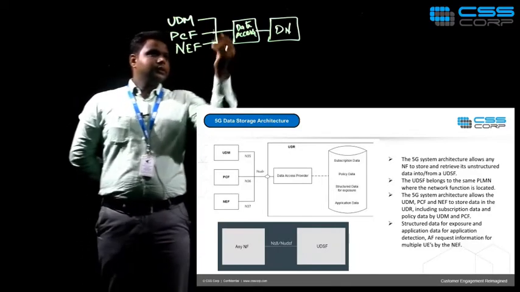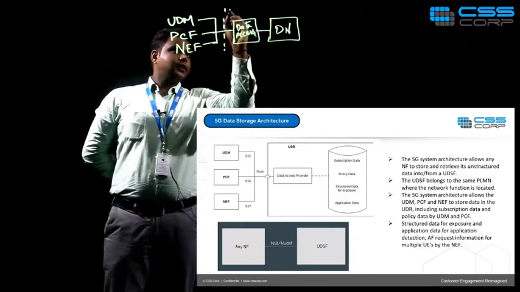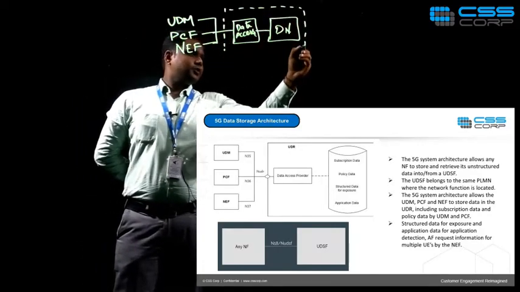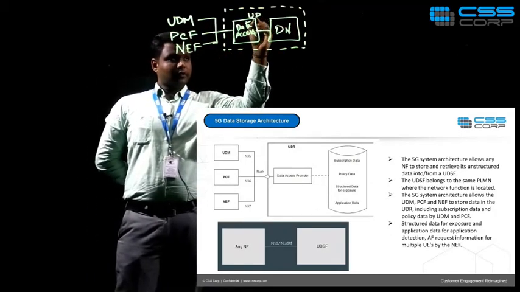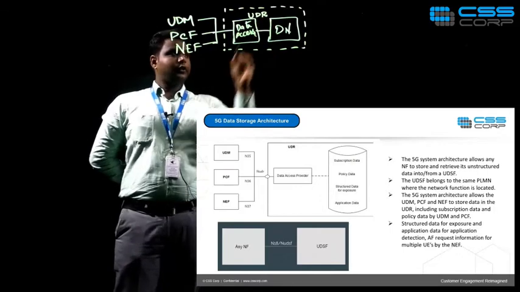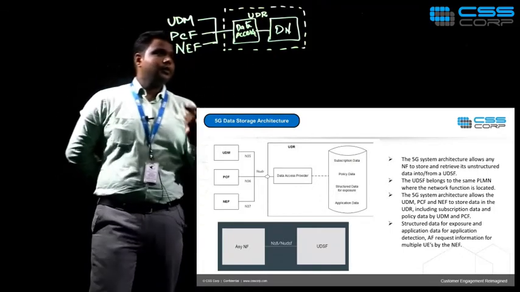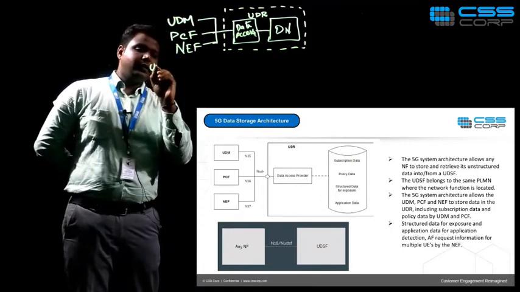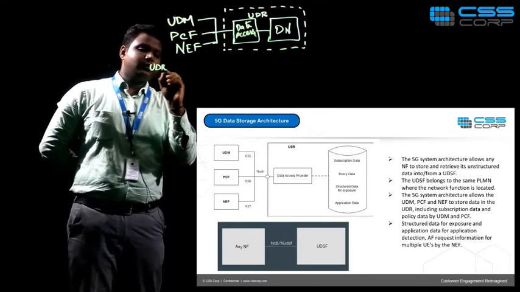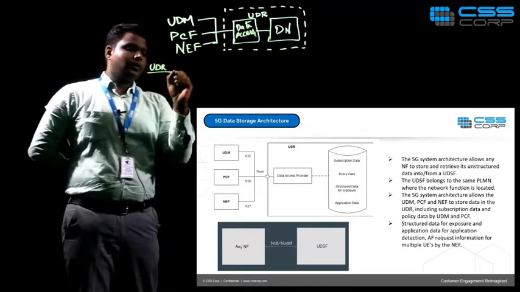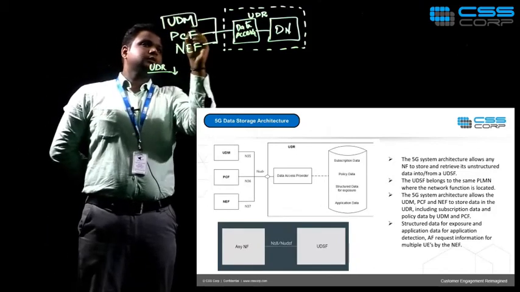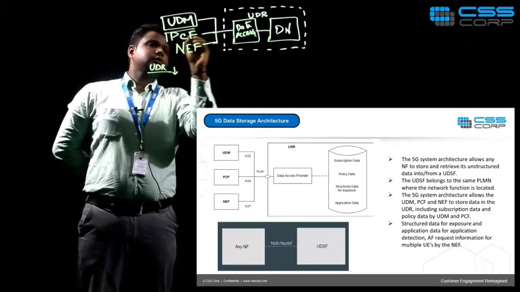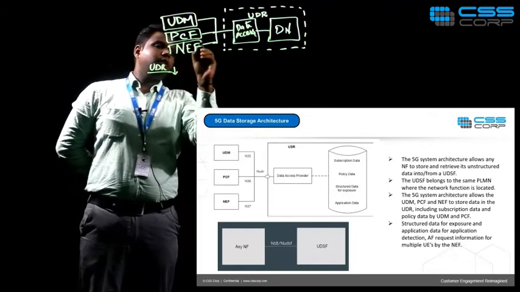This data access and the data network is said to be the UDR, Unified Data Repository. So in this Unified Data Repository, what are all the data network details will be available? Let's look into that.